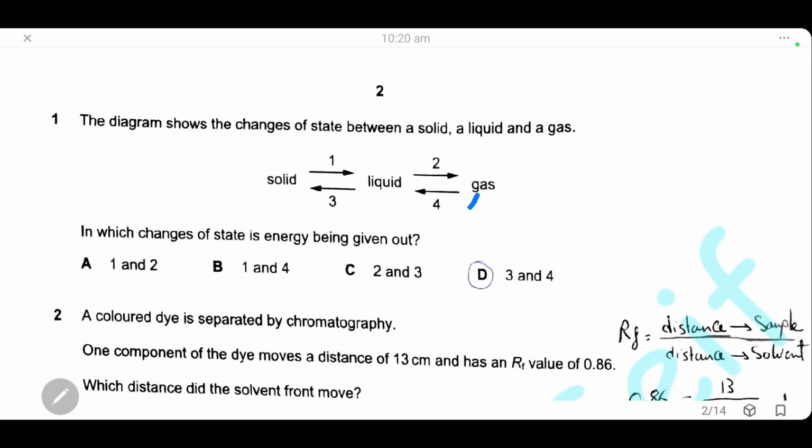So changing from gas to liquid means the particles will lose energy and energy will be given out. The change number 4 is condensation. And changing from liquid to solid, particles will also lose energy, which is freezing, and energy will be given out. So the changes of state in which energy is given out are 3 and 4.